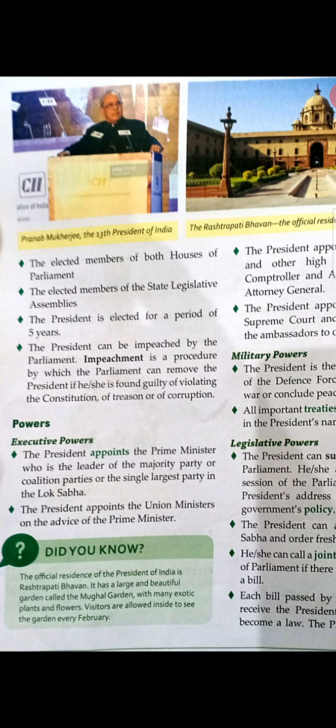Then the third executive power, children, is that the President appoints the state governors and other high officials such as the Comptroller and Auditor General and the Attorney General. So these are very important powers, children.